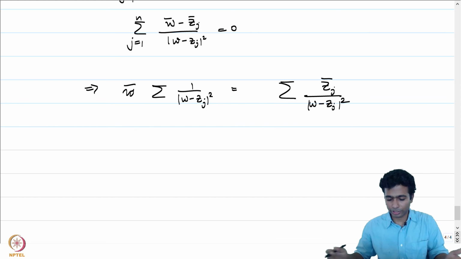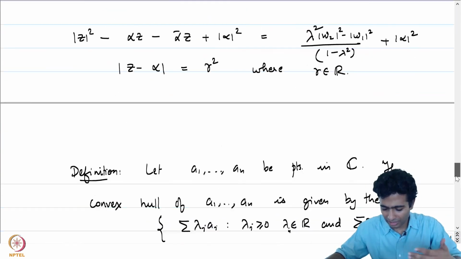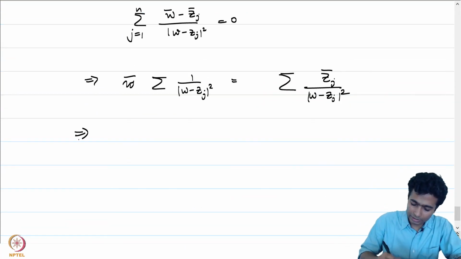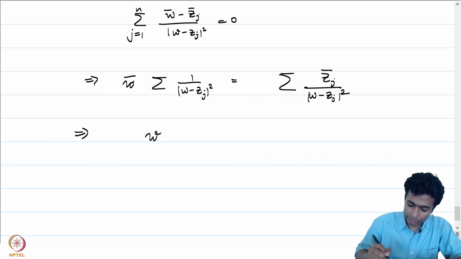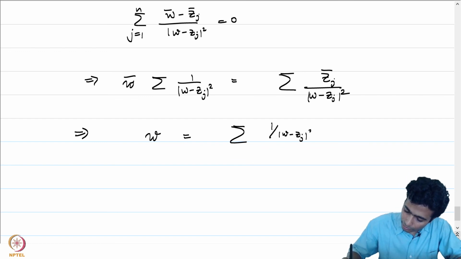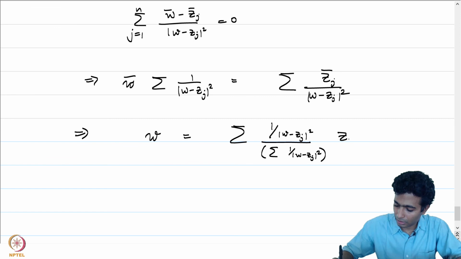Let's now take the complex conjugate. We could have started off with the complex conjugate and then worked, but that's okay. After taking the complex conjugate, w is equal to the summation of [1 by mod (w - zj) squared, divided by the summation of 1 by mod (w - zj) squared], times zj.